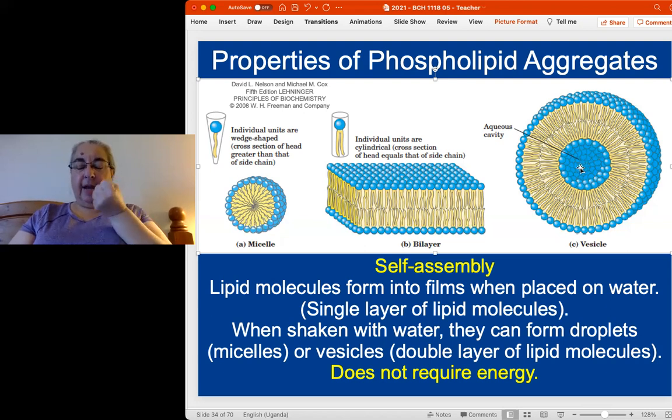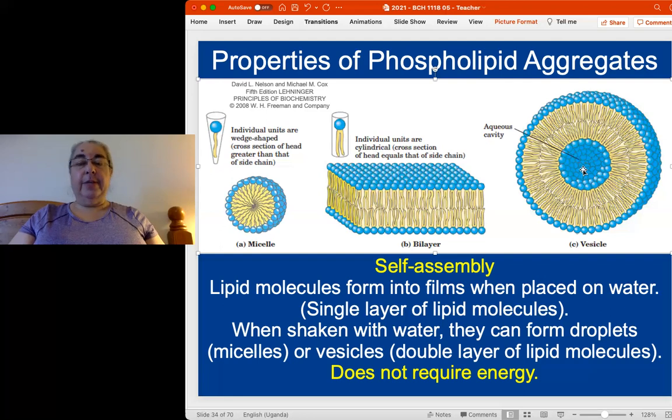Okay, and I hope that you can see this is the start of the sort of cell membrane that we're talking about. If we think about the outer membrane of a cell, we have the bilayer outside the cell and all the contents inside. If we think of a mitochondrion, we have the lipid bilayer around the outside and the contents of a mitochondrion on the inside.